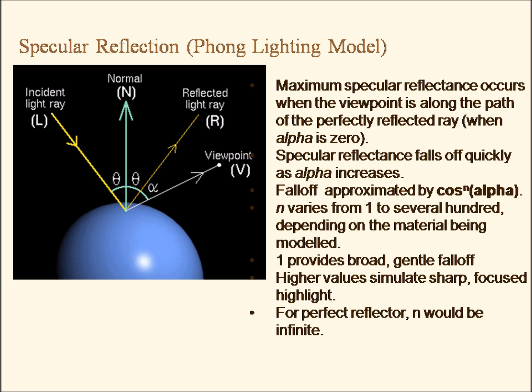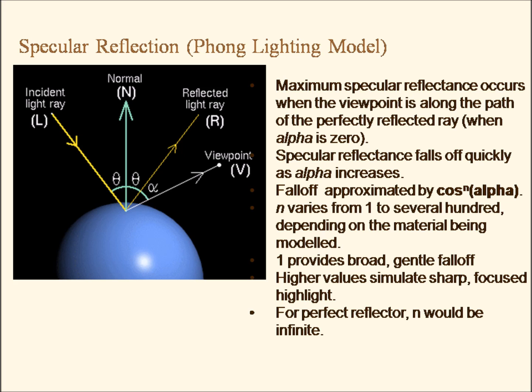Maximum specular reflectance occurs when the viewpoint is along the path of the perfectly reflected ray, when alpha is 0. Number 2. Specular reflectance falls off quickly as alpha increases. Number 3. Fall off is approximated by cos raised to the power n alpha. n varies from 1 to several hundreds depending on the material being modeled.